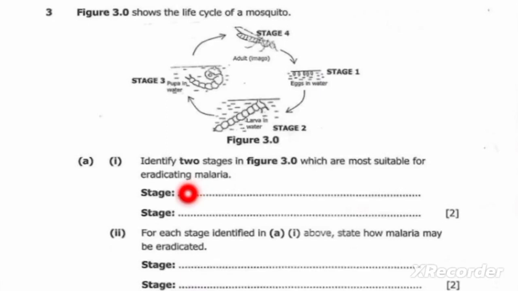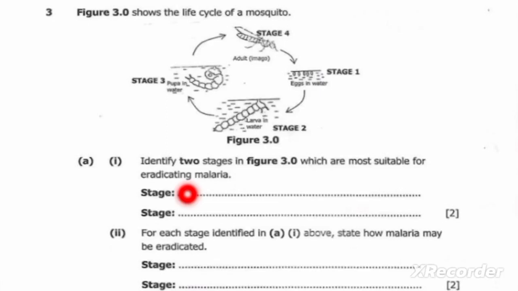So how can we eradicate or how can we control malaria? We are given 4 stages. Now the question is saying which 2 stages are perfect stages for us to eradicate malaria.